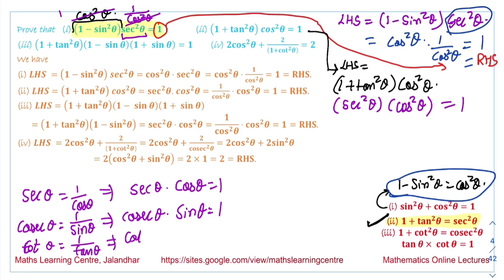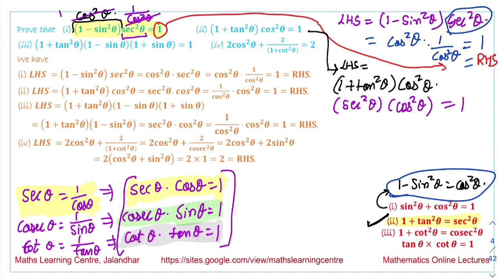So this means cot theta into tan theta is equal to 1. We will not repeat these things again and again. These we can use just like the identities: first, secant theta into cos theta is 1. Second, cosecant theta into sine theta is equal to 1. And third, cot theta into tan theta is equal to 1.